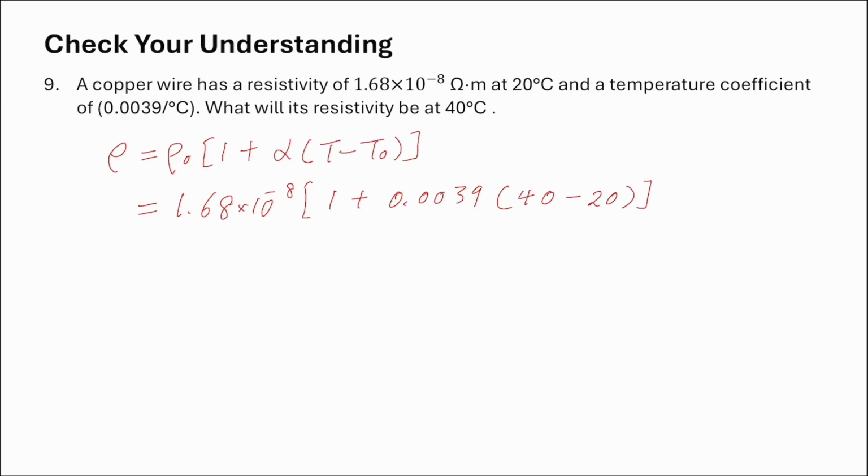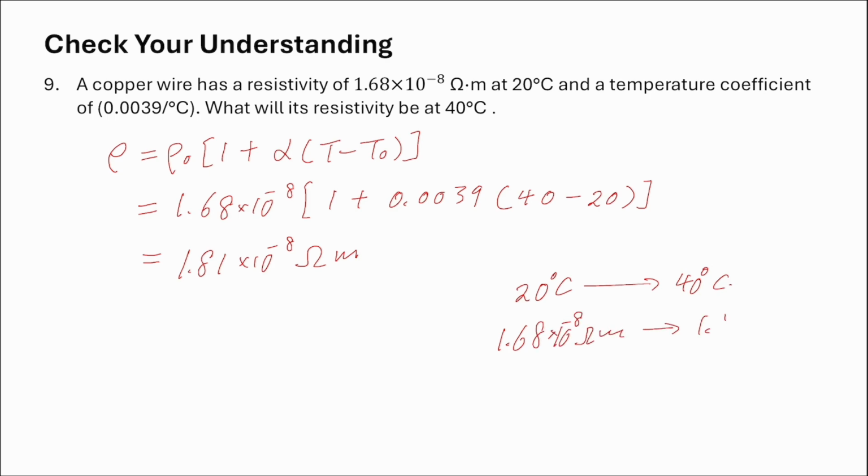And you will find the final resistivity is 1.81 times 10 to the minus 8. Remember, it's ohm meter. So when the temperature increases from 20 to 40 degrees, the resistivity increases from 1.68 times 10 to the minus 8 ohm meter to 1.81 times 10 to the minus 8 ohm meter. Therefore, again, the temperature coefficient is positive.